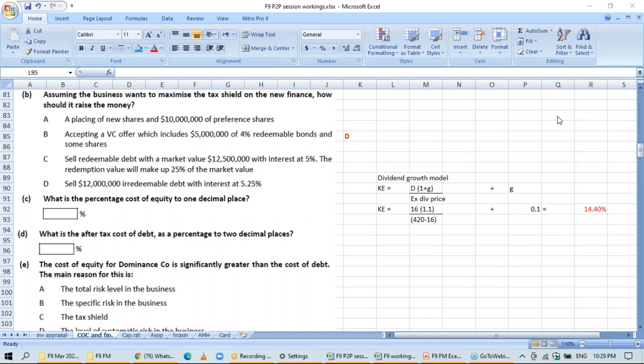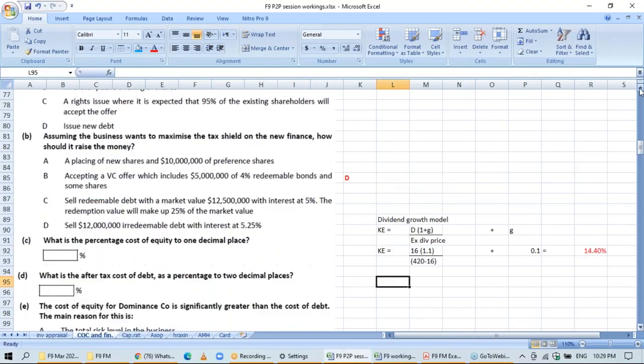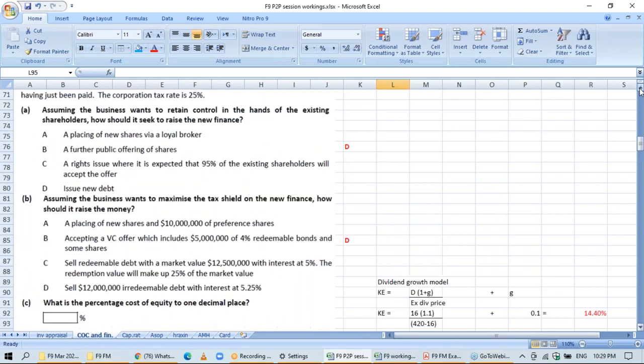Okay, so moving back to the questions, requirement D. Requirement D is: what is the after-tax cost of debt as a percentage to two decimal places. So let's calculate the cost of debt. Let me select the data required to calculate the cost of debt.